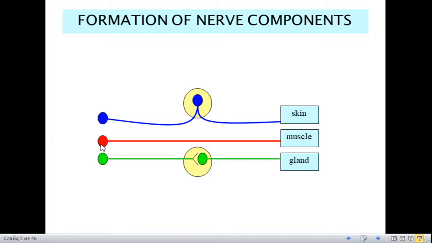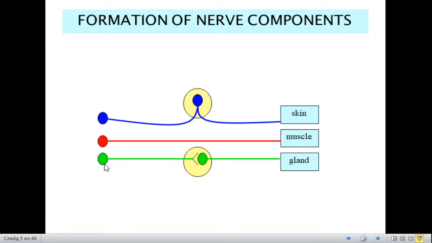Motor component. As you know, some cranial nerves have motor nuclei located in the brainstem. These nuclei contain multipolar neurons, and especially their cell bodies. And axons of these neurons pass through the corresponding cranial nerve towards skeletal muscle. And the last component, parasympathetic. As you know, the efferent part of the vegetative reflex arch has one interruption occurring in a ganglion.